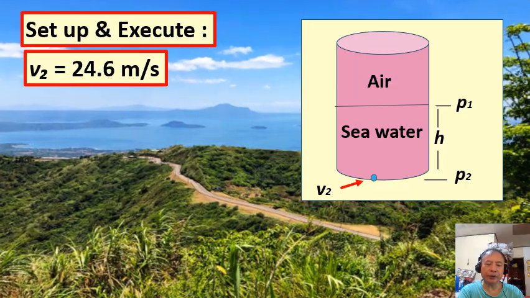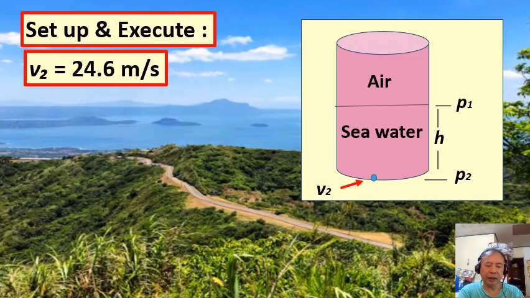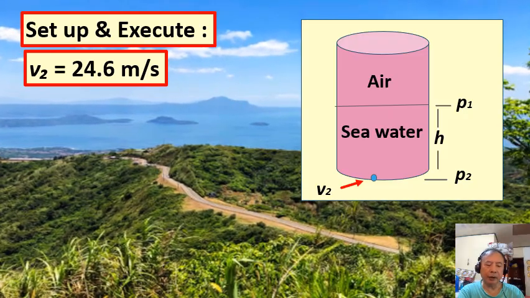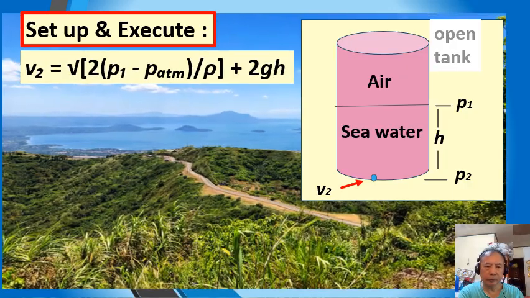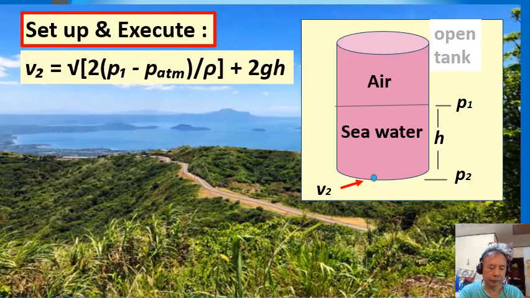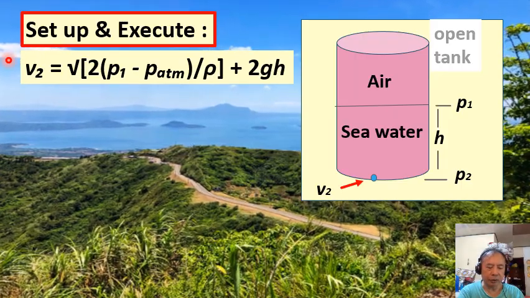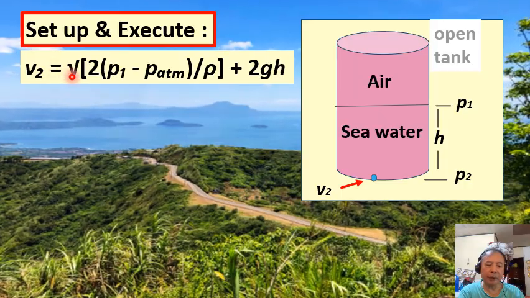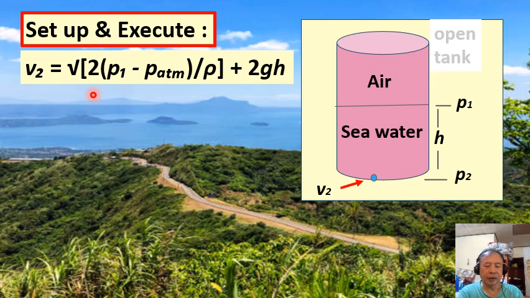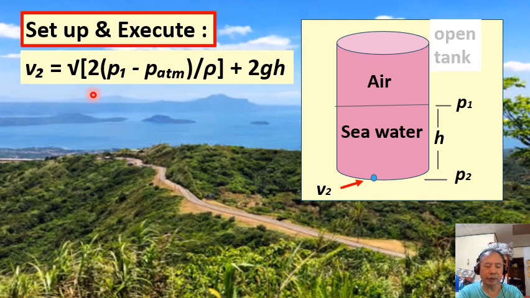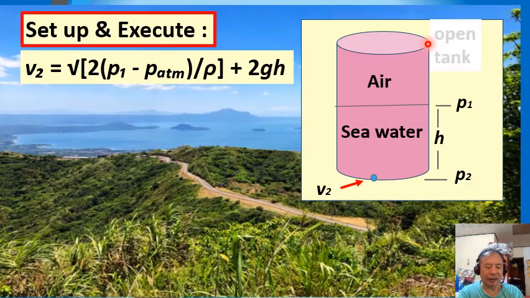Our computed value for the speed v2 equal to 24.6 meters per second is based on the modified equation. This equation is derived from both the Bernoulli equation and the equation of continuity, where we assume that the tank is sealed or closed.